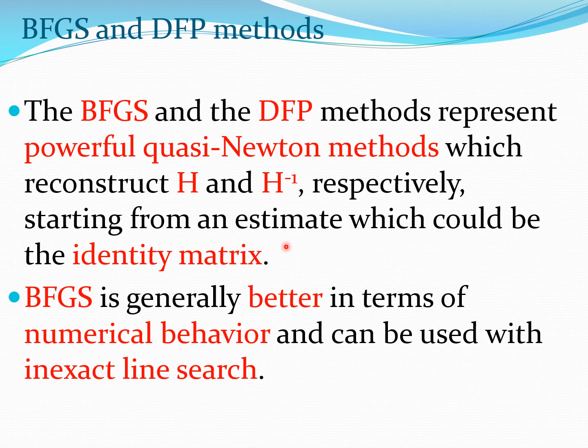Now both these methods typically start out with an estimate of H as the matrix I, which is the diagonal matrix with all unit components in the diagonal. And whenever you use this I matrix for H, you are essentially going to the steepest descent or the Cauchy search direction.